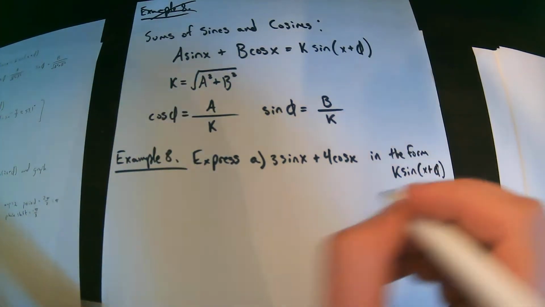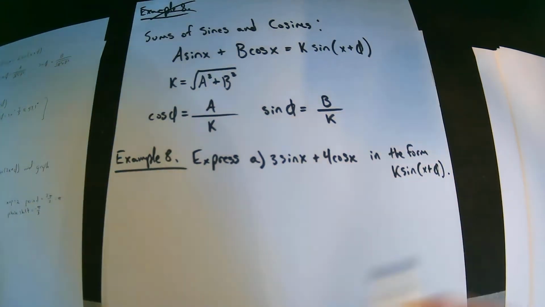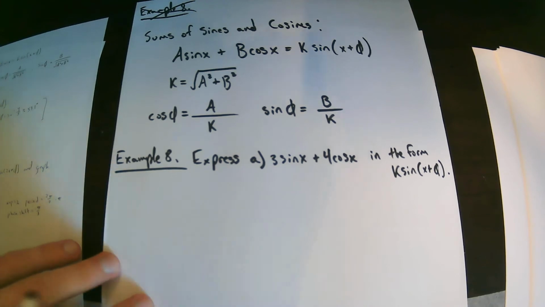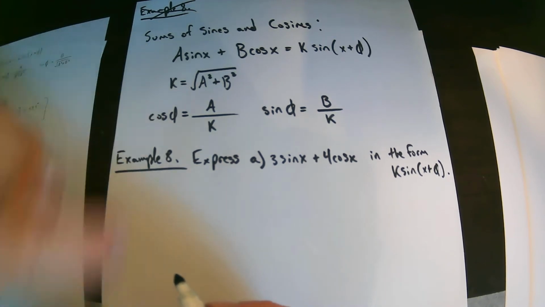And graph. Wait, not graphing yet. Okay. What do we need to do? We need to find k and phi.